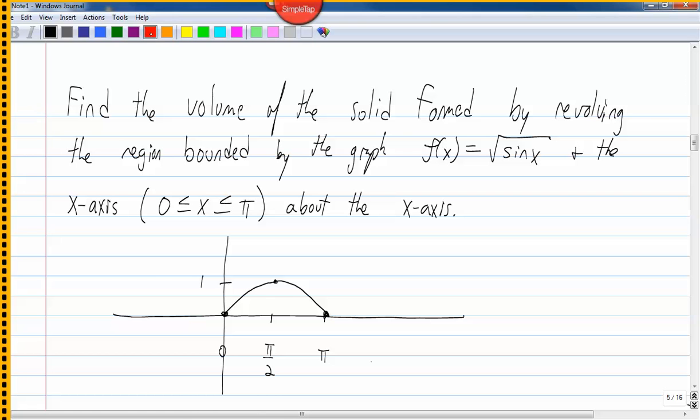So when we make these vertical rectangles, and again it's an infinite number of these things, and we revolve them about the x-axis, then imagine the type of shape that it would make.